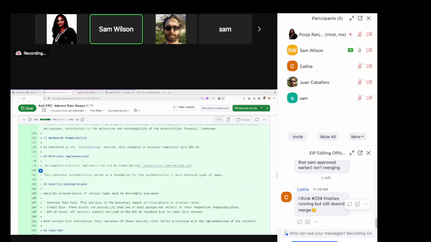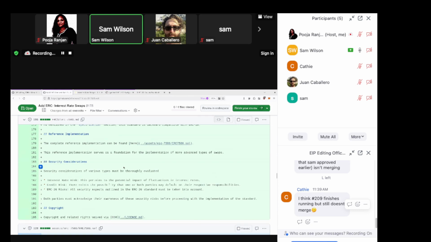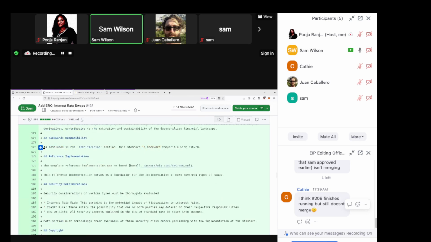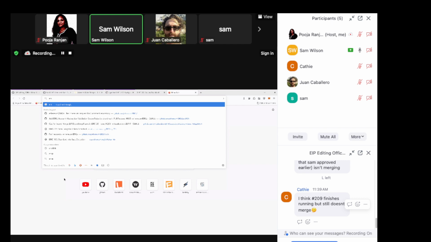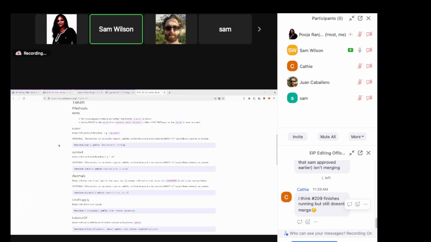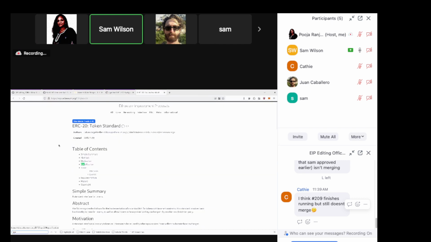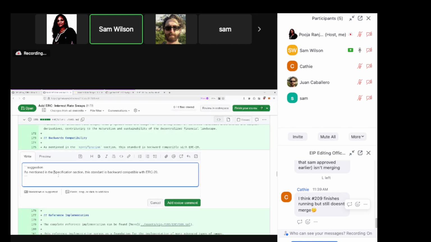Reference implementation can be found here. Unless you're mentioning code, don't do that, but you can do something like this if you want.